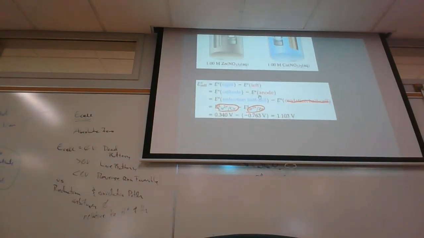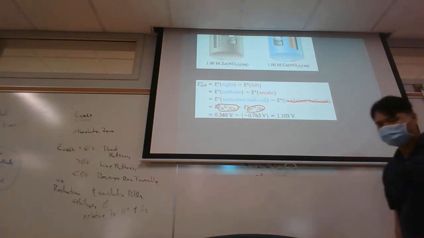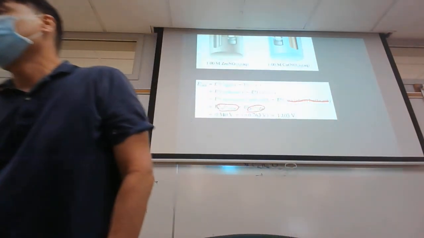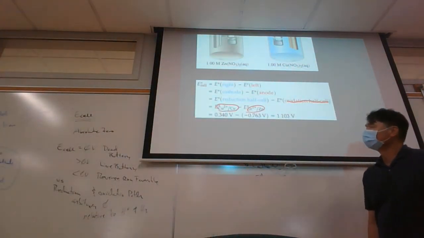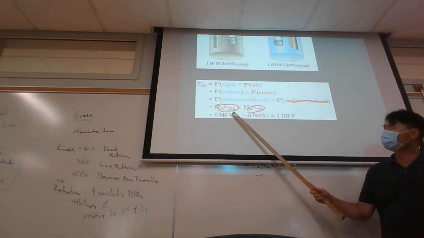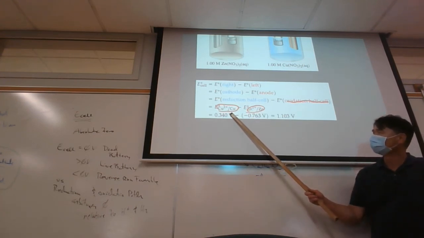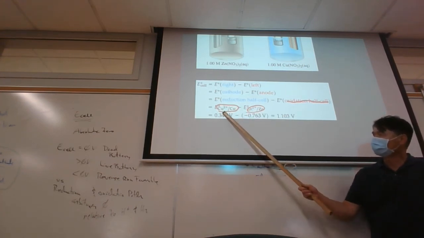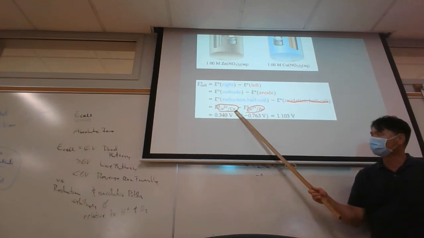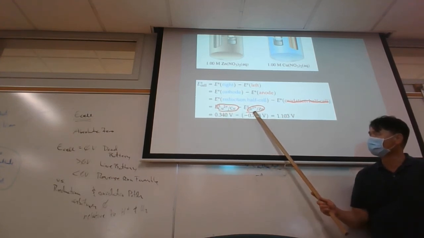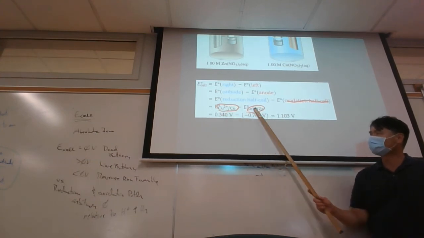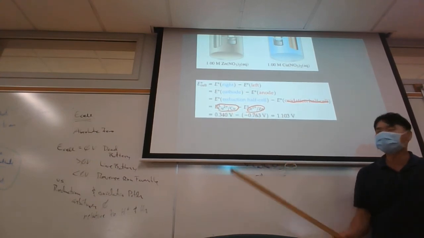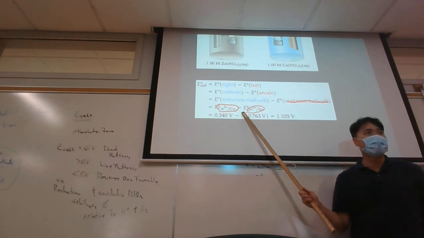I don't like the equation in the book. This is the equation from the book. They take a reduction potential, copper 2 gains 2 electrons to form copper, and a reduction potential, zinc 2 gains 2 electrons to form zinc. So they're taking two reduction potentials, but what they're doing is they're subtracting them rather than adding them.